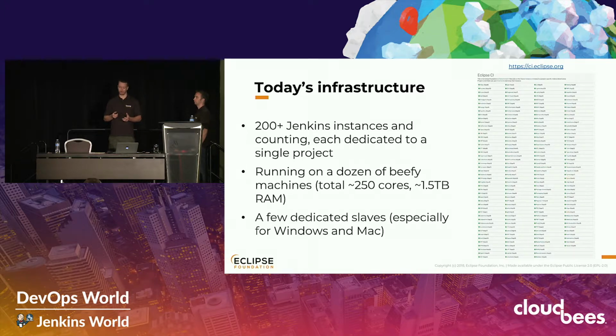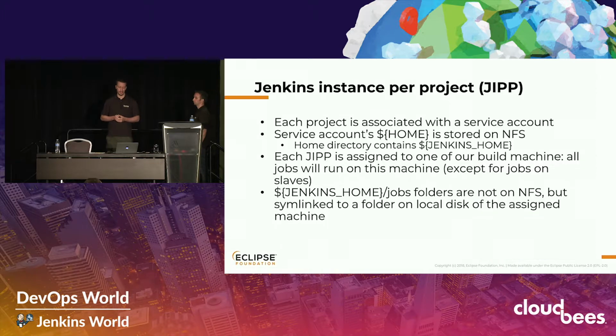We also have some, as mentioned before, dedicated slaves, especially for Windows and Mac, but also for some projects that have more resource requirements. And just to give you a short overview of how we set that up: each project has its own service account, and this service account's home directory is stored on NFS.